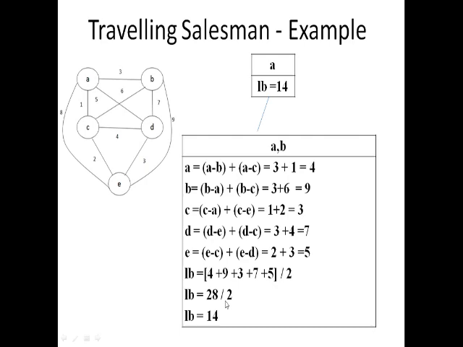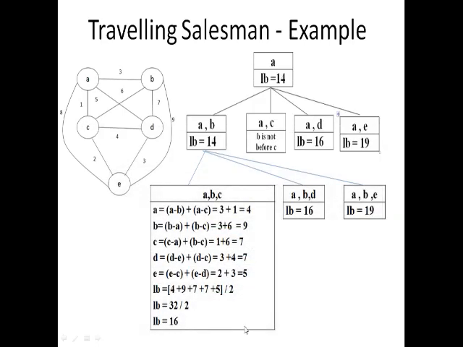Here we have calculated the values of A to B, A to D, and A to E. A to C is not calculated because B is not before C. After calculating A to B, A to D and A to E, the lower bound is verified.